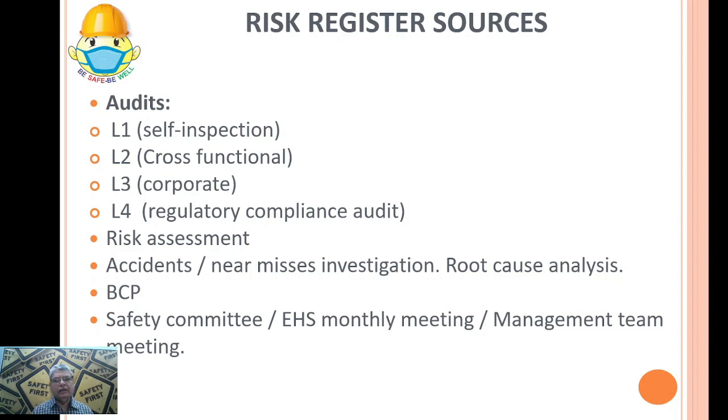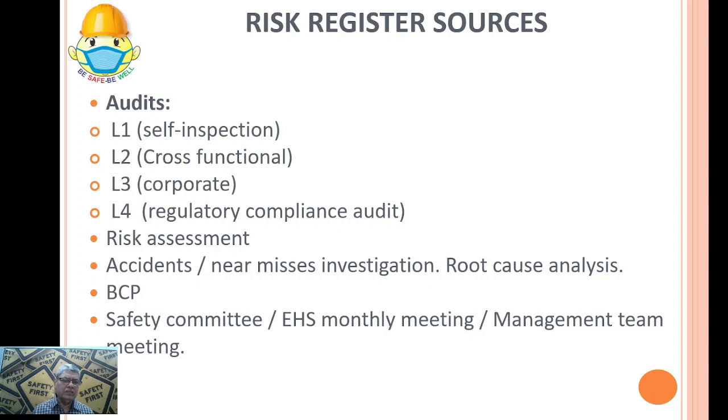So it is a regulatory compliance audit. So all the 4 audits, their outcomes are very important, and they are entered into the risk register appropriately. Means the risks which are up to 10, the risks which are more than 10, like that.